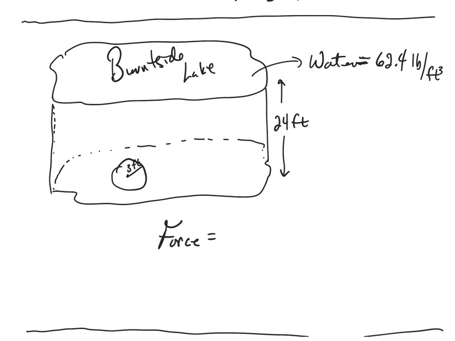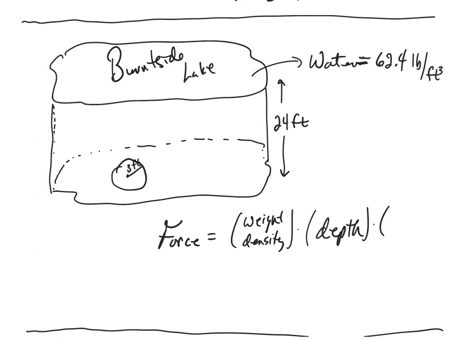Well, again, when the plate lays horizontal, it's just simply going to be the product of the weight density of the liquid multiplied by the depth of the plate multiplied by the area of the plate. And so in this case, the weight density is given to us in the problem, just like our dynamics problems.